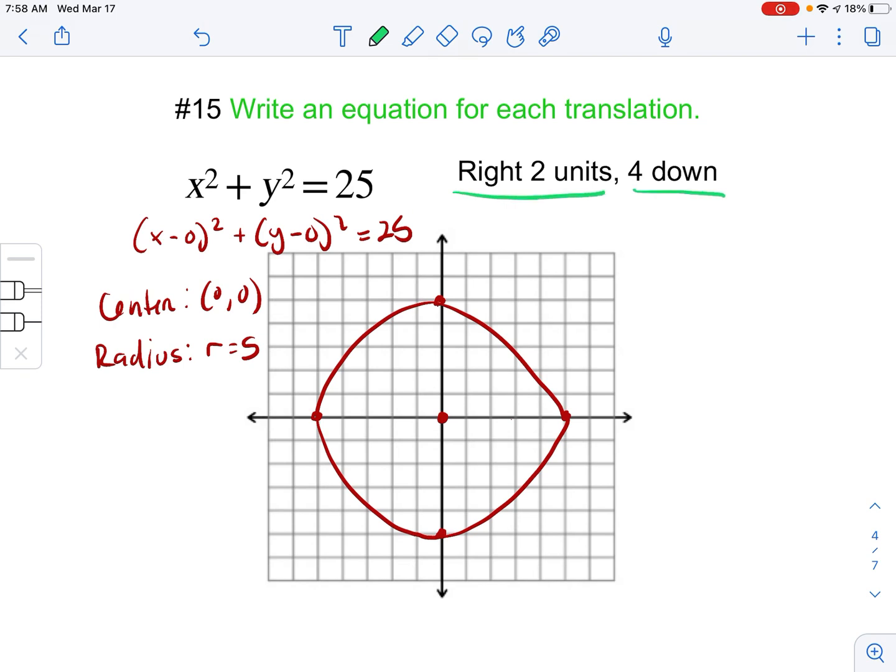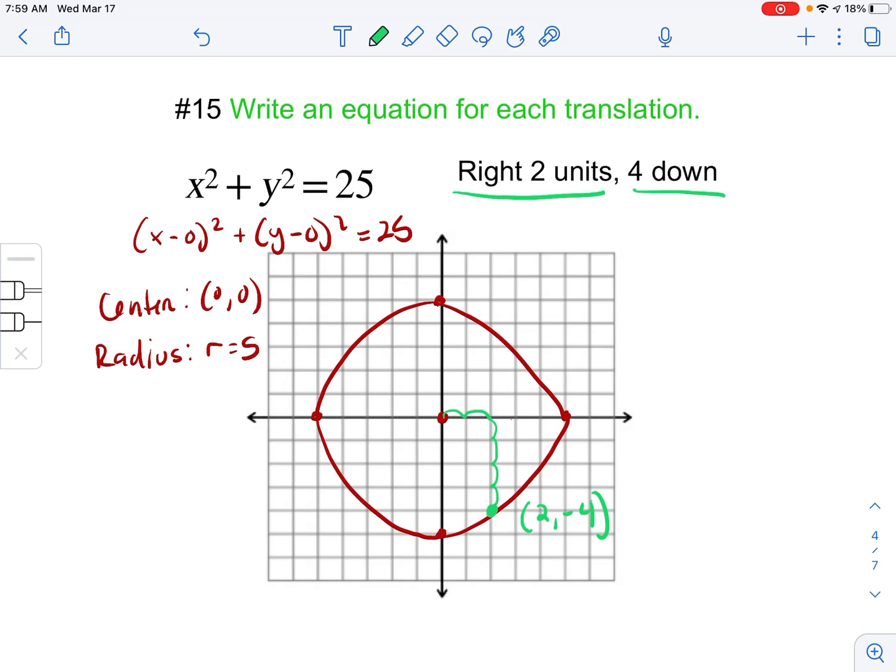So when doing this, because we need the center for my equation, it is best to focus on the center when we are translating. So we're going to take this point and move it 2 units right and 4 units down, making the new center of my circle the point 2, negative 4. Now, when we are translating, our radius does not change, so it should stay a 5.